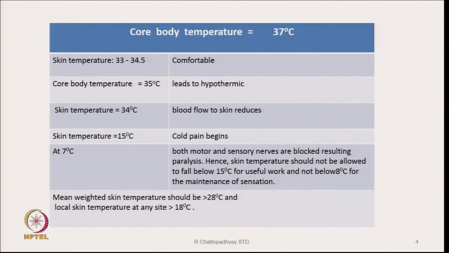Let us know a few things related to body temperature. The core body temperature is around 37 degrees centigrade. The skin temperature is 33 to 34.5 degrees centigrade, and as long as the skin temperature lies in this range, we feel comfortable.